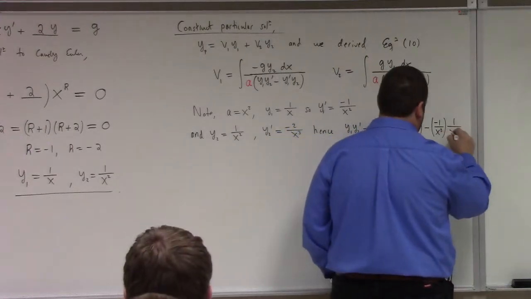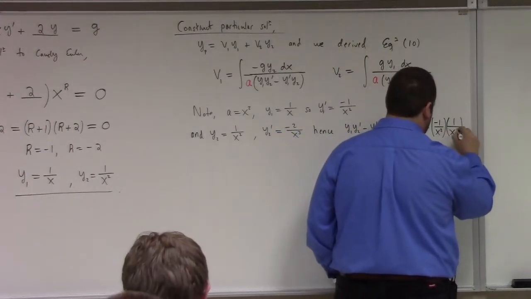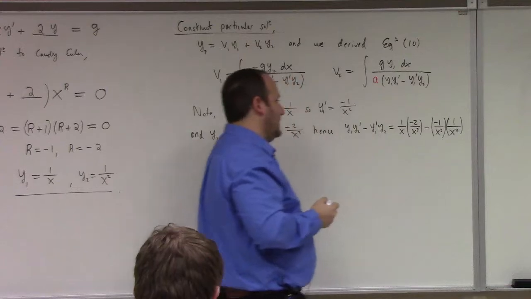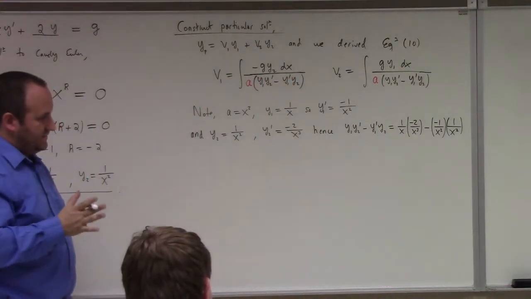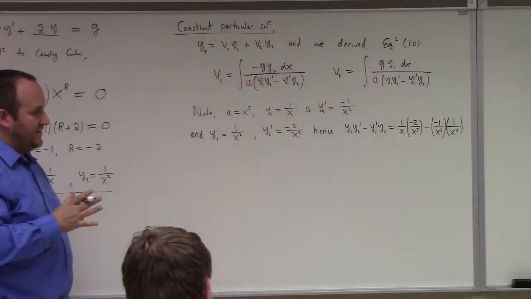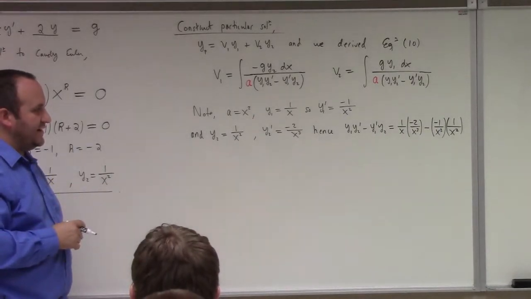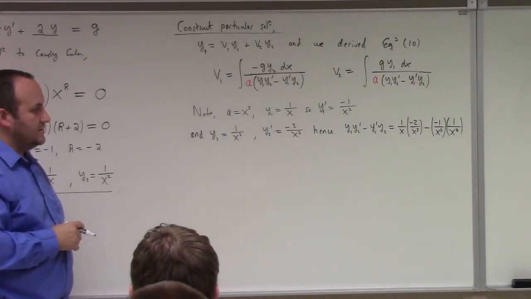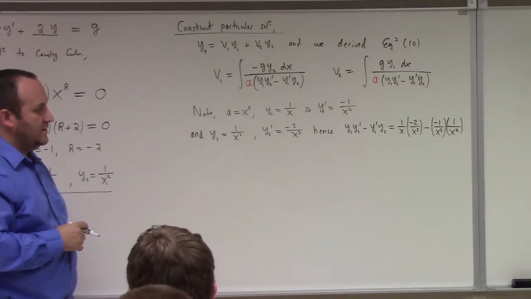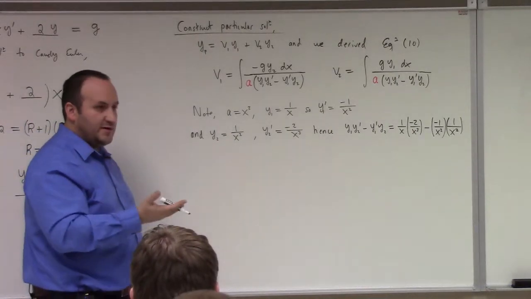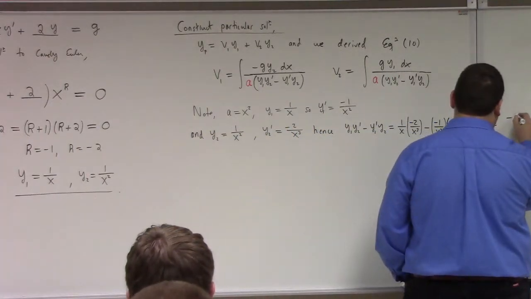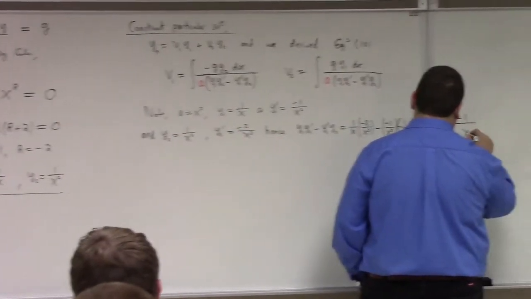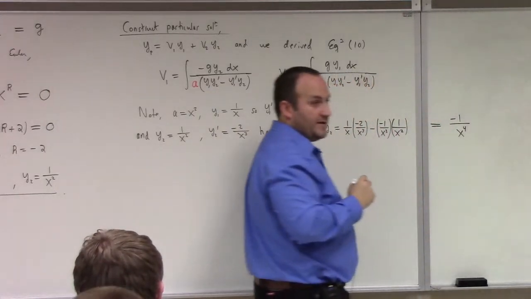This should work out with these Wronskians for more interesting things. It looks kind of scary going into it, but if you calm down, do the algebra, look at it, what do you got? I got minus 1 plus 1. I get a minus 1 over what? X to the 4th.